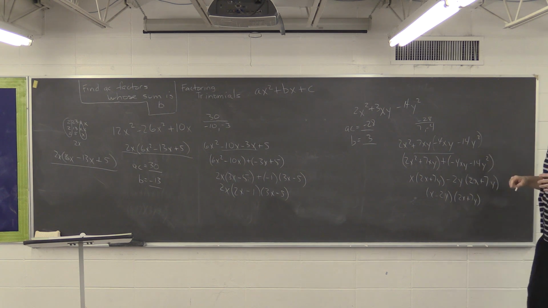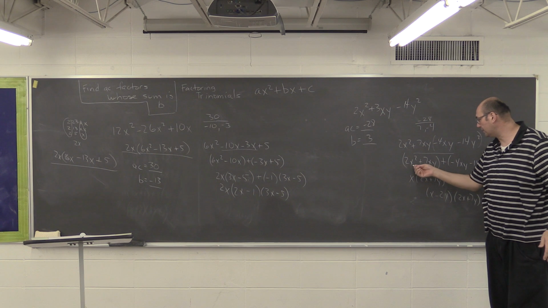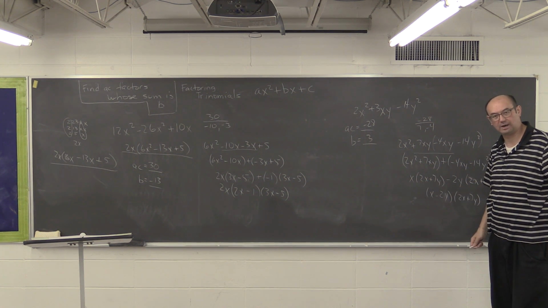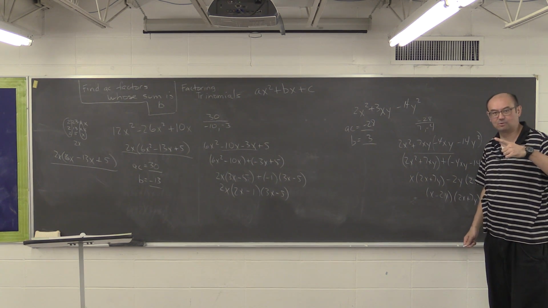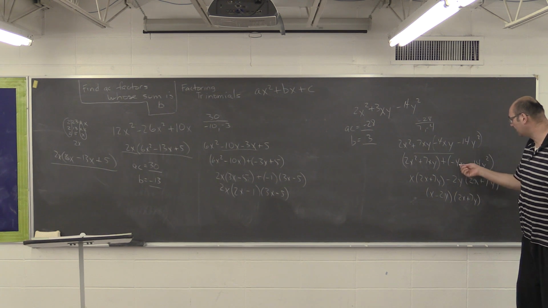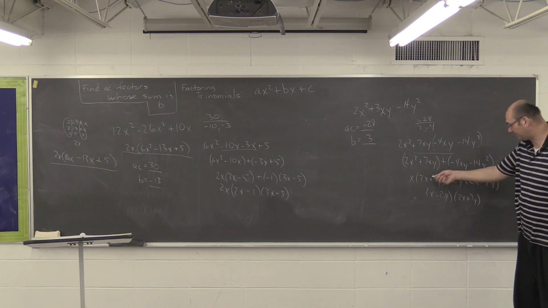Now we need to find the greatest common factor. 2's and 7's won't work, but we can pull out 1x, and in doing so, we get 2x plus 7y. And we know that in the next one, we need a 2x plus 7y. So minus, we're going to pull out a 2, and we'll pull out a y, which we know is exactly what it is because that's what fits.